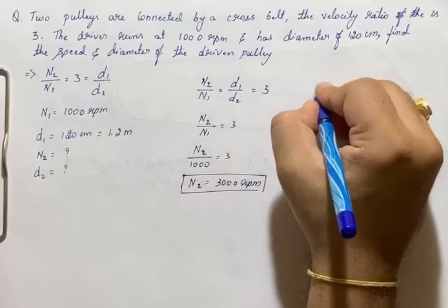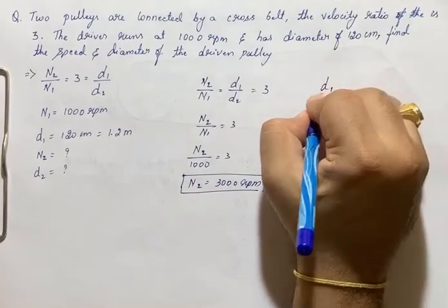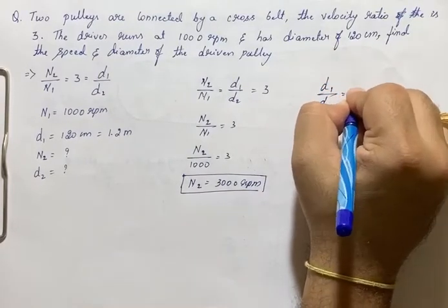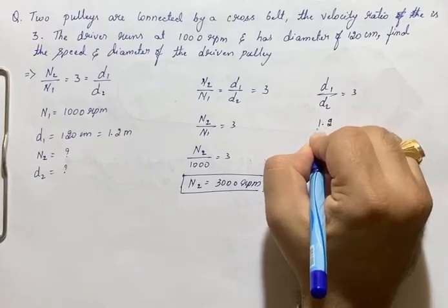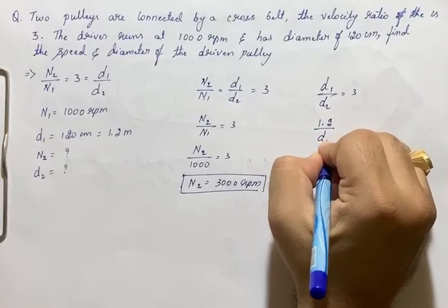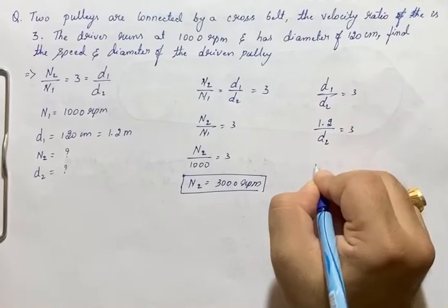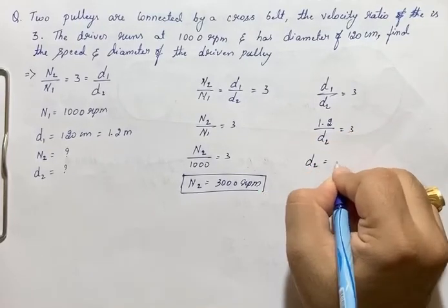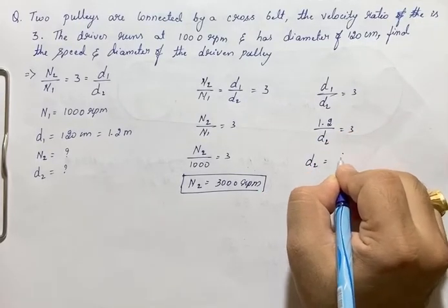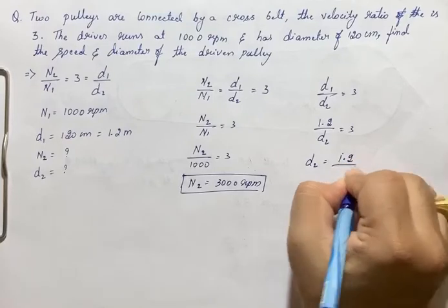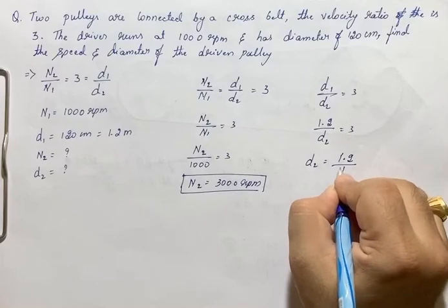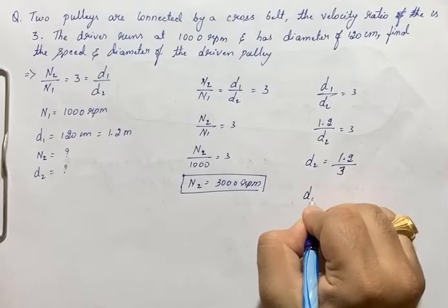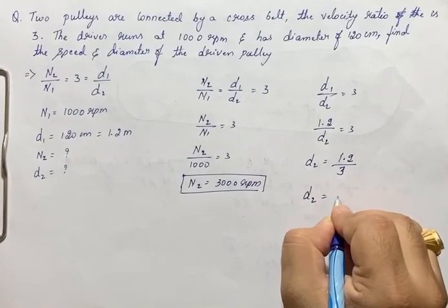Now next I will take D1 by D2 is equal to 3. D1 is 1.2 divided by D2 is equal to 3. So D2 is equal to 1.2 divided by 3.